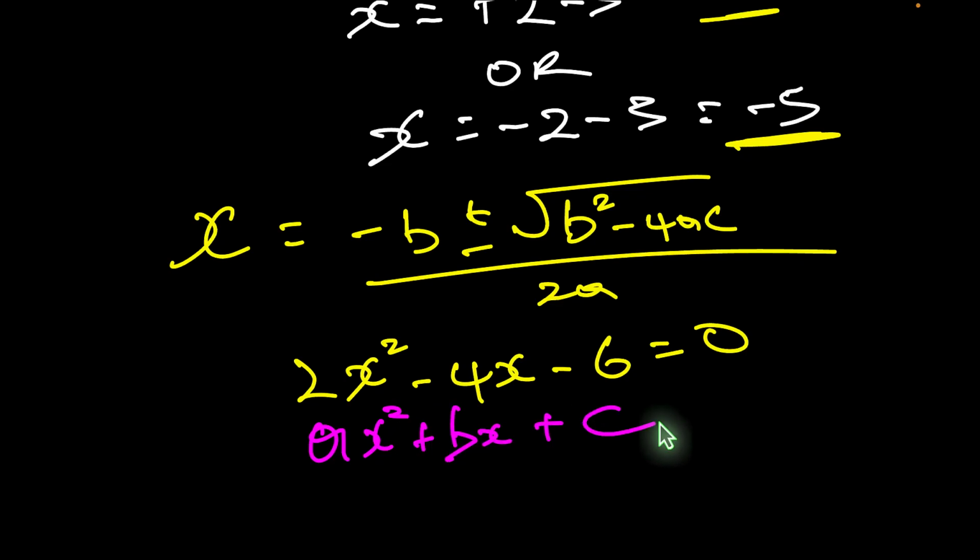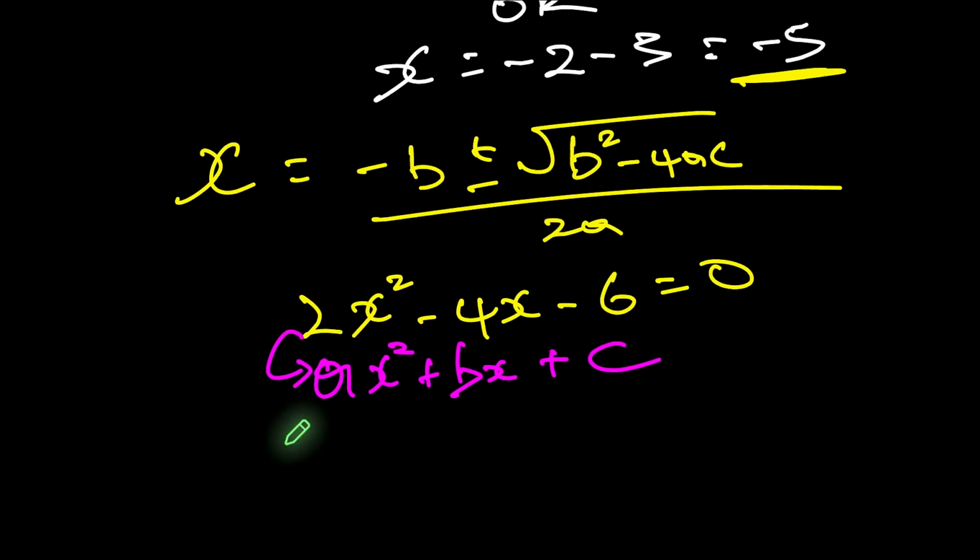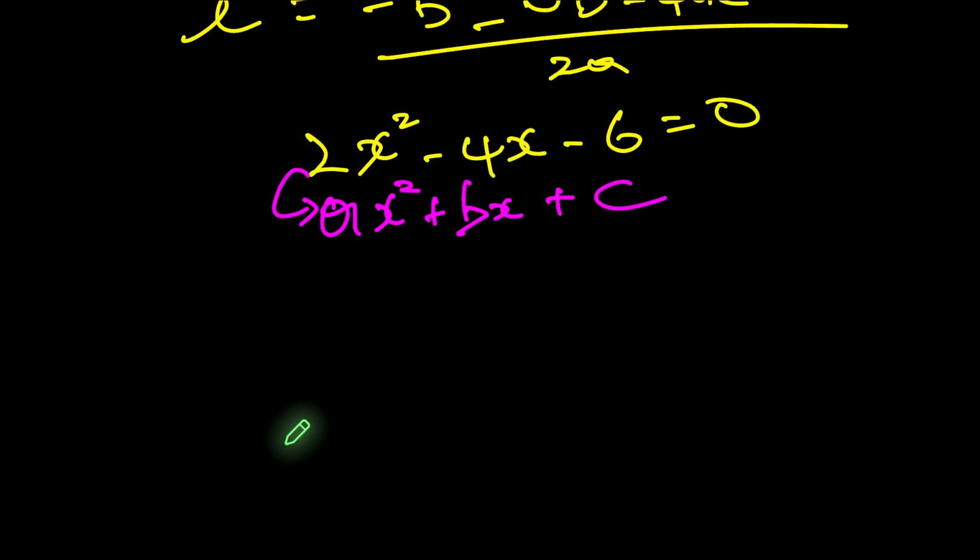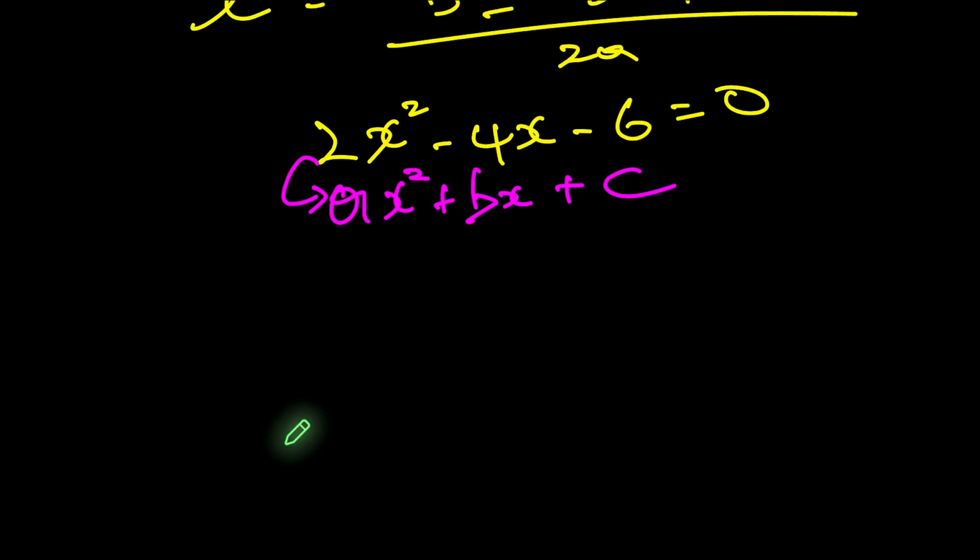So in this instance, our a value is going to be 2, our b value negative 4, and our c value is going to be negative 6. And we'll just substitute them in the formula there. And because it's pretty much you putting those in your calculator, I'm not going to go through that one. So that's going to be it for the quadratic equations.